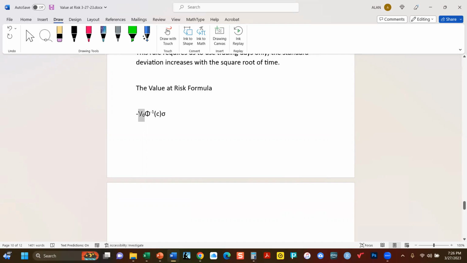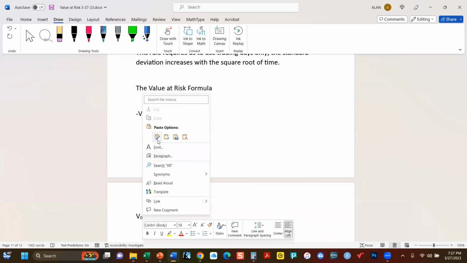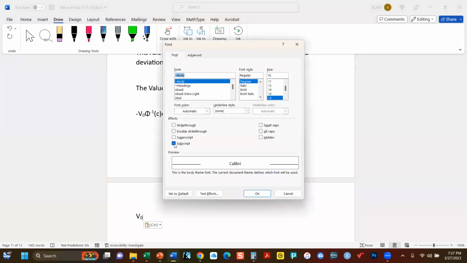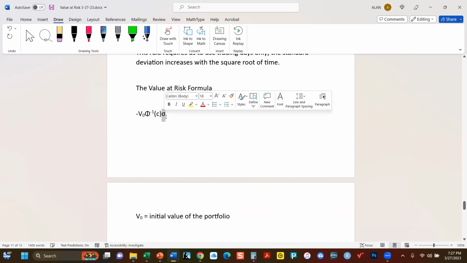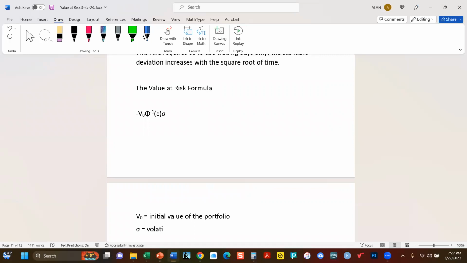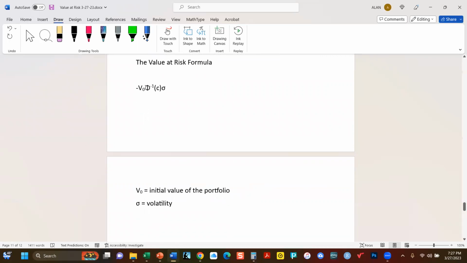Well, V0 is the initial dollar value of the portfolio. And of course, sigma is the volatility. What in the world is this thing? This is the tricky part, although, as we'll see, we tend to use the same numbers most of the time.